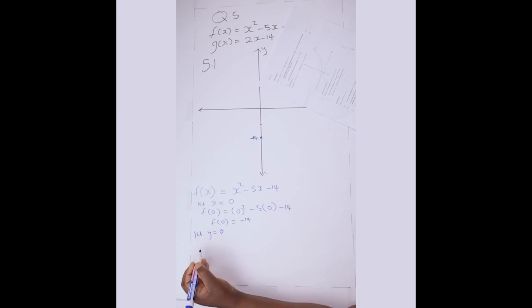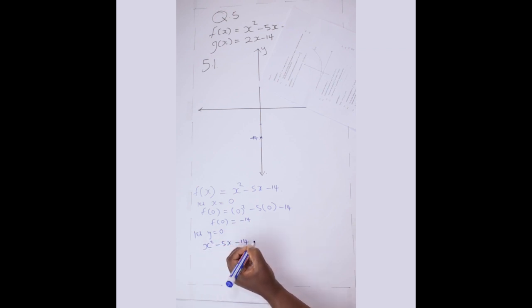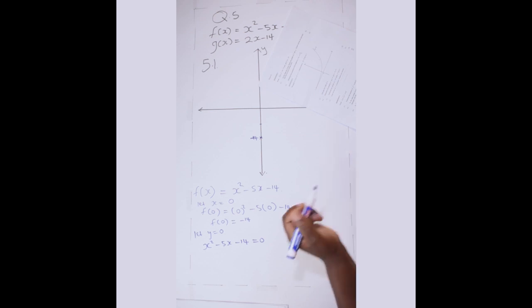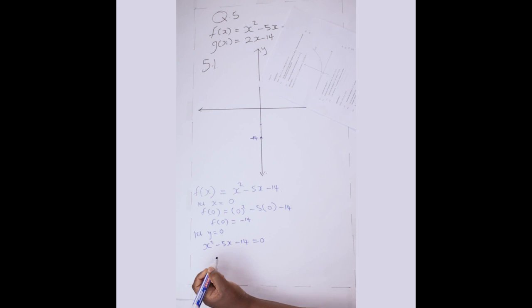By doing that, we are left with something that is factorizable. If not factorizable, remember that you can still use the quadratic formula to find the solution. If it can be factorized, we can quickly factorize.